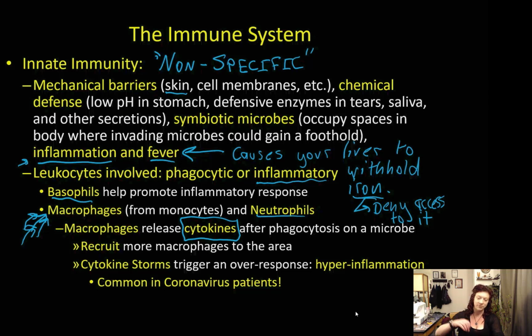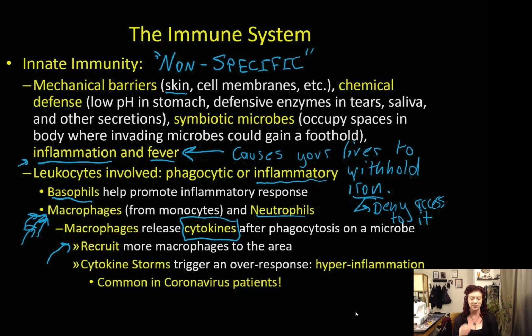So once the macrophage has engulfed a microbe, phagocytosis has begun. That triggers the release of these cytokines. And cytokines have a wide range of functions, but the one we care about here is that they send out a distress call and summon more macrophages to the site of the infection. Okay, so boosting the immune response to that particular location. Cytokines are important. This is a very critical response in order to gather more leukocytes to locations where they're needed.